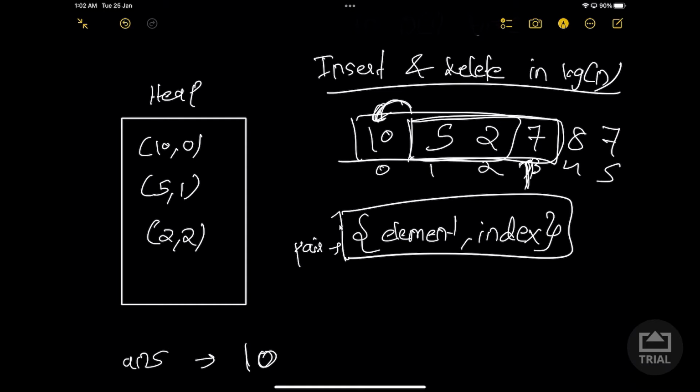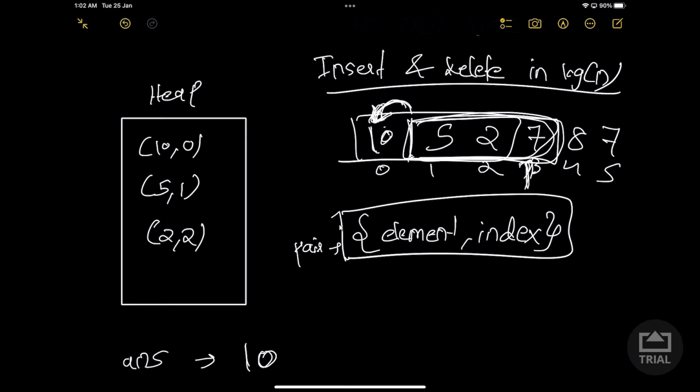Like 10 is now not present in the sublist which we are using now, which we are finding out the max from. So we don't have to consider this 10, but how we will know that we don't have to consider this? So that's why we are storing it in the form of element and index. Like index will tell us if this element is included in the sublist or not.